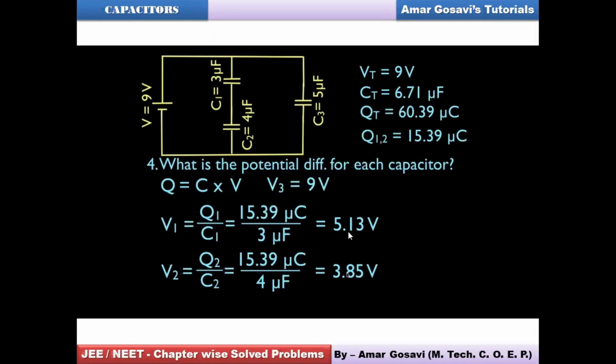Correspondingly, we get it as 5.13 volt. V2 is Q2 by C2. We have worked out Q2 and we know what C2 is. Just put the values and you get 3.85 volt. Together, you add them again and you get 9 volt, because this branch is also subjected to 9 volt in totality. Please make a note of it before we talk about the next type of topic.